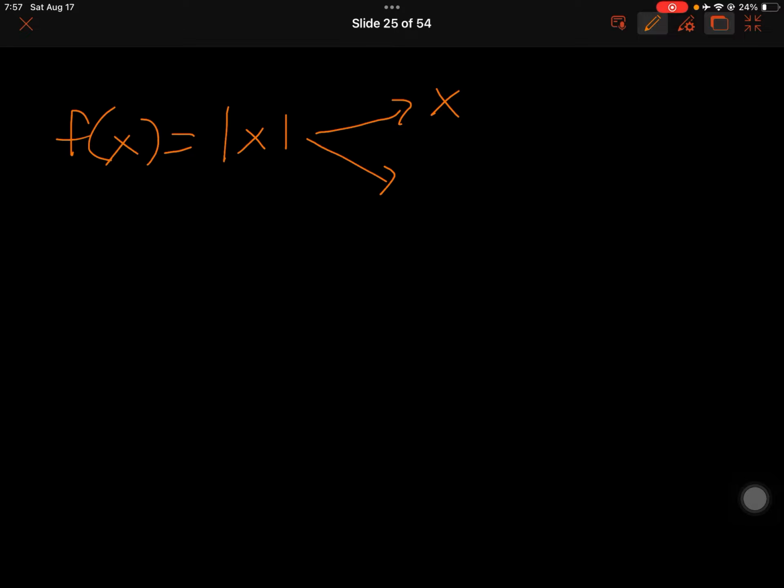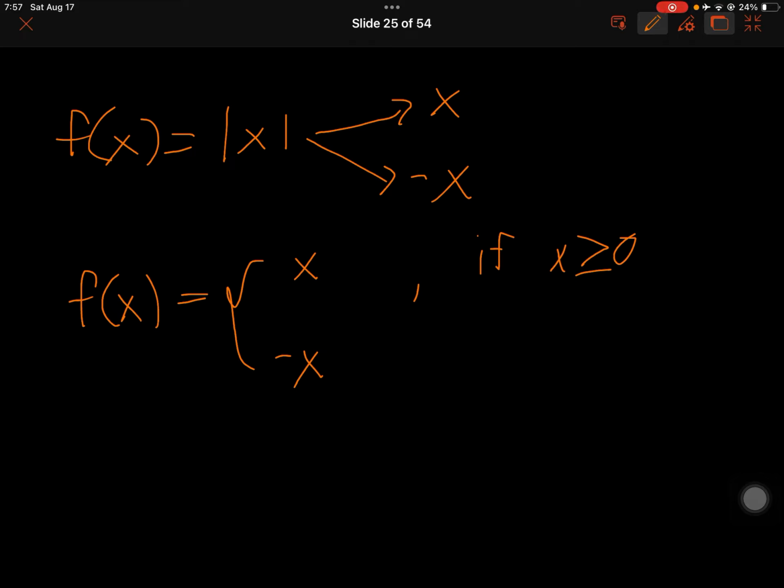We have here the x and the negative x. So we can transform this absolute value function into a piecewise defined function. So f of x is equal to braces x and negative x. If this is x, then our domain is greater than or equal to 0. And negative x if x is less than 0.